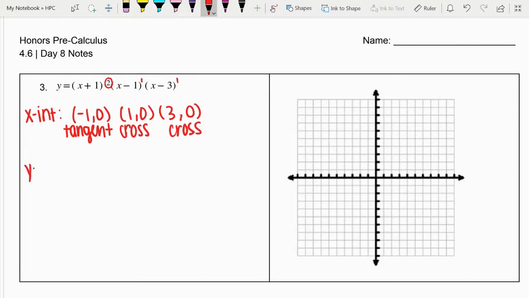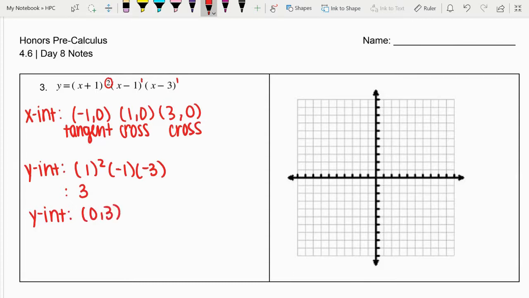Okay, to find our y-intercept, we are going to be substituting 0 in for x. So we will end up with positive 3. So my y-intercept is (0, 3). Okay, so I'm going ahead and plot those points.